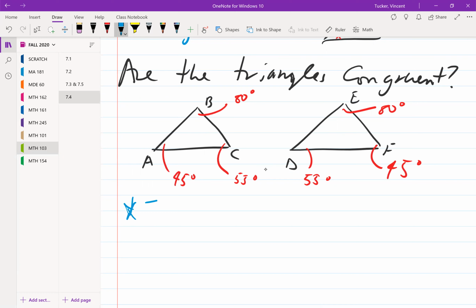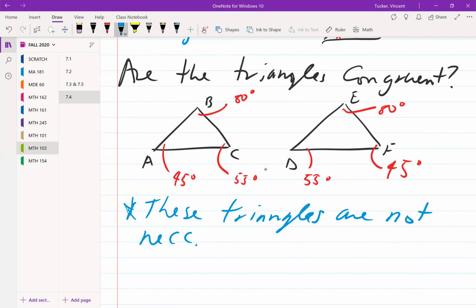So these triangles are not necessarily congruent. If they are, we need more information.